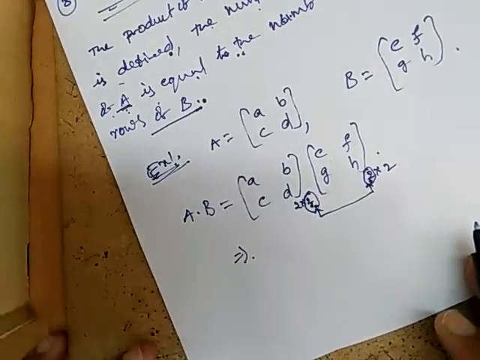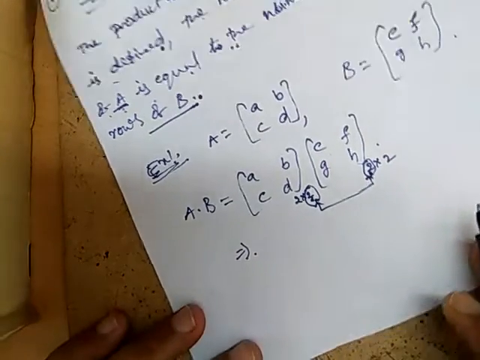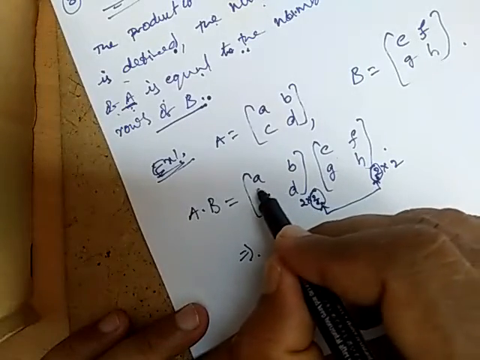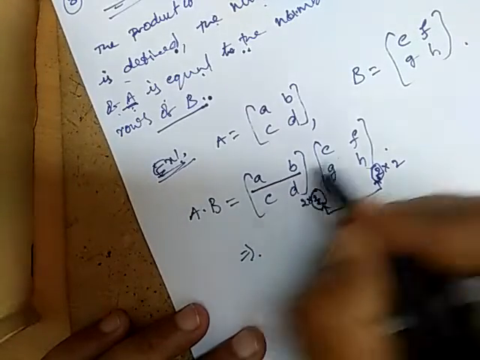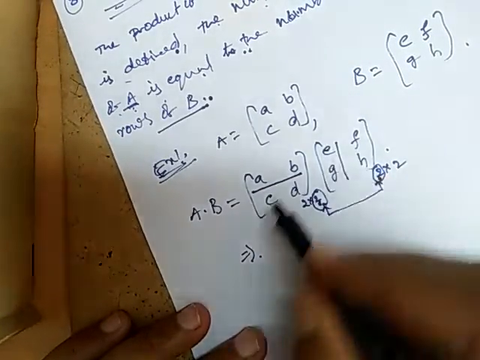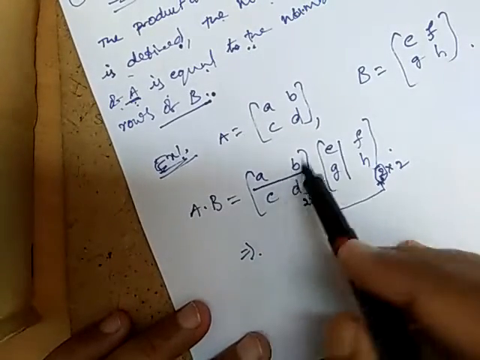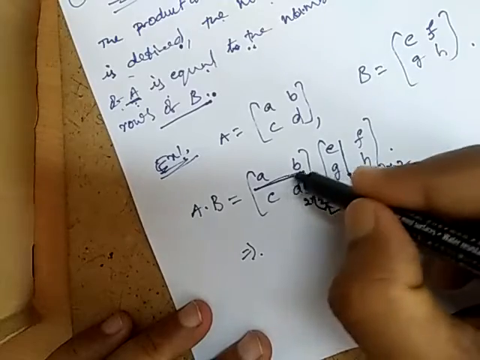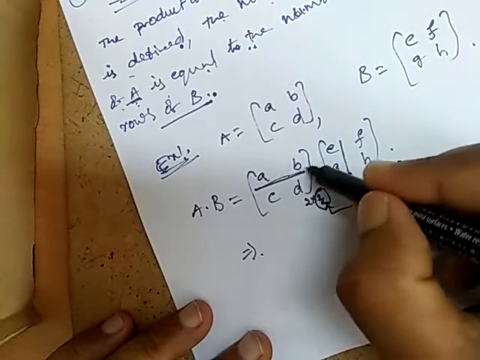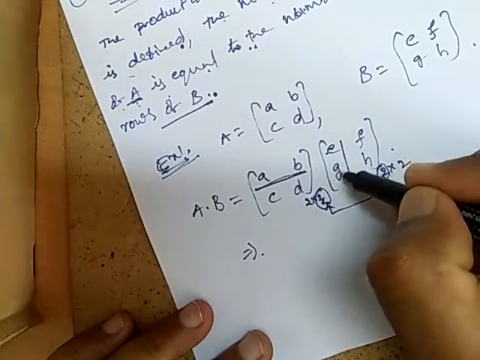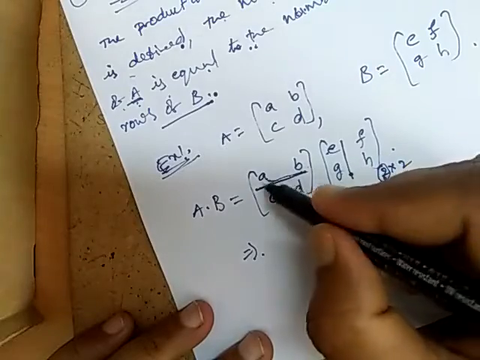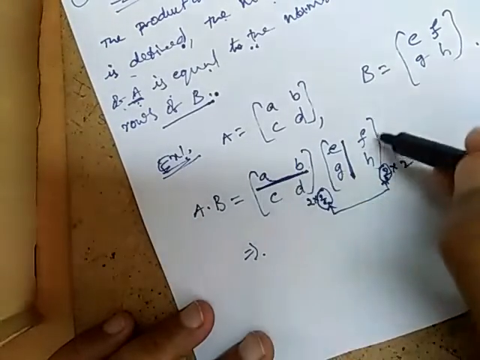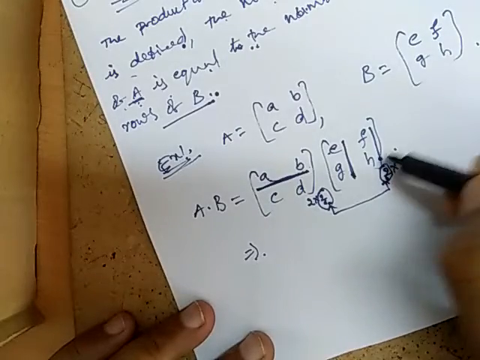Now the process of multiplication is to multiply rows with columns: multiply first row with first column element-wise and add those elements. Again, first row, second column. Like that you can multiply.